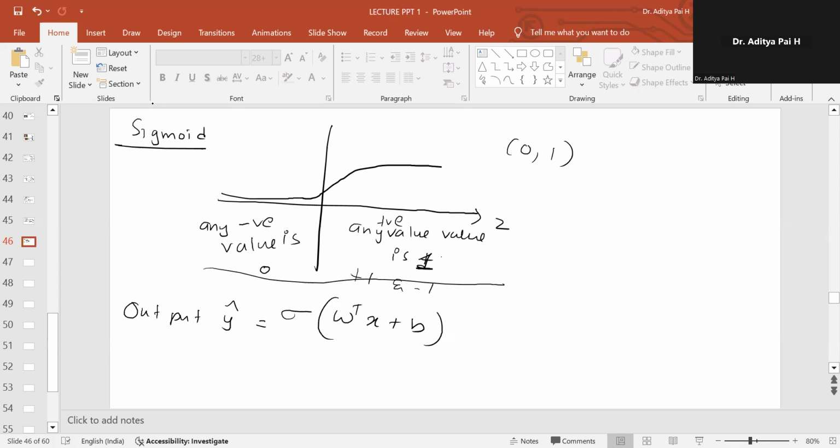This is represented as sigma of z, which is nothing but 1 by 1 plus e power minus z.